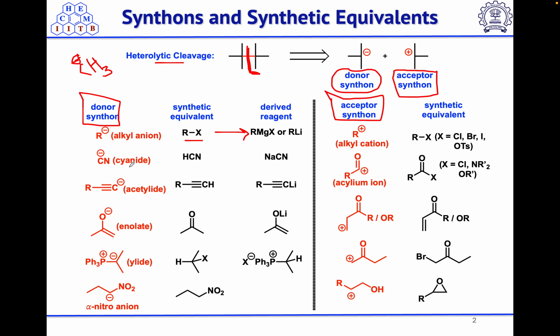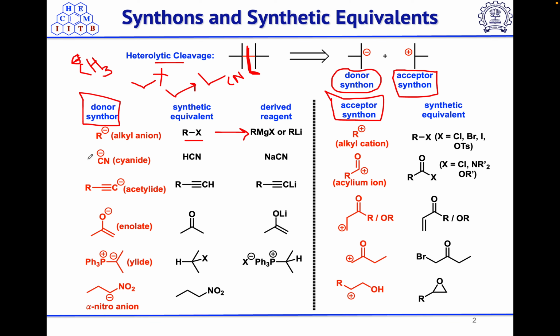Similarly for cyanide ion, suppose we need cyanide ion as a nucleophile. Suppose we want to do an SN2 reaction on ethyl iodide, a halide, and convert it to the cyanide. So we need some nucleophilic source of cyanide, which is very obvious.